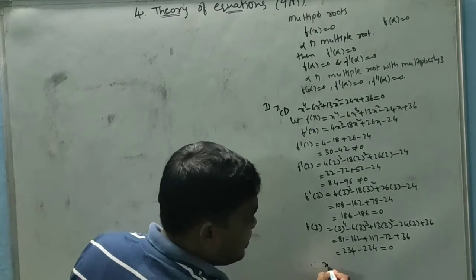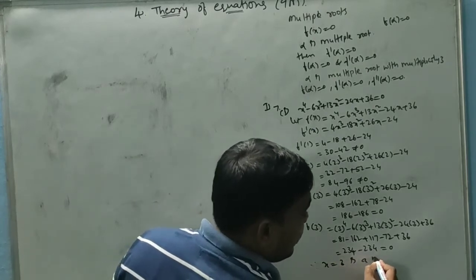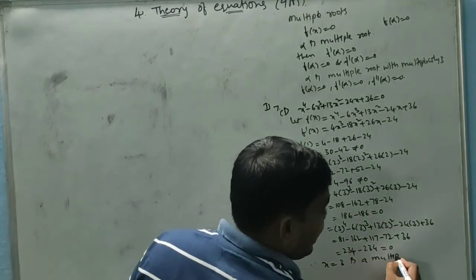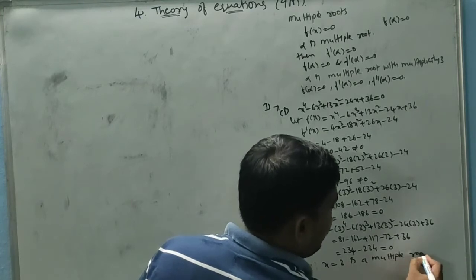Therefore x equal to 3 is a multiple root.